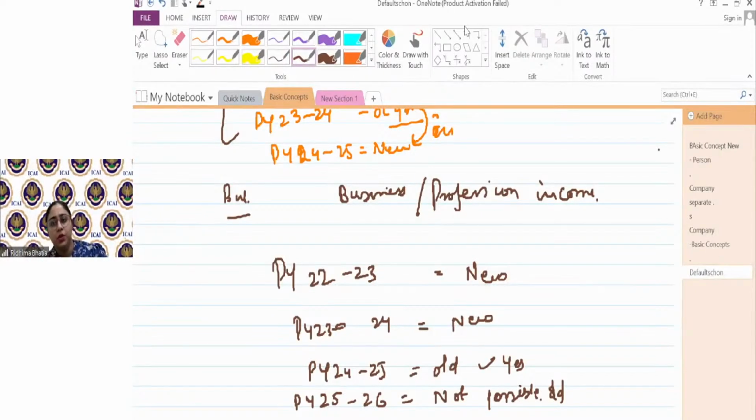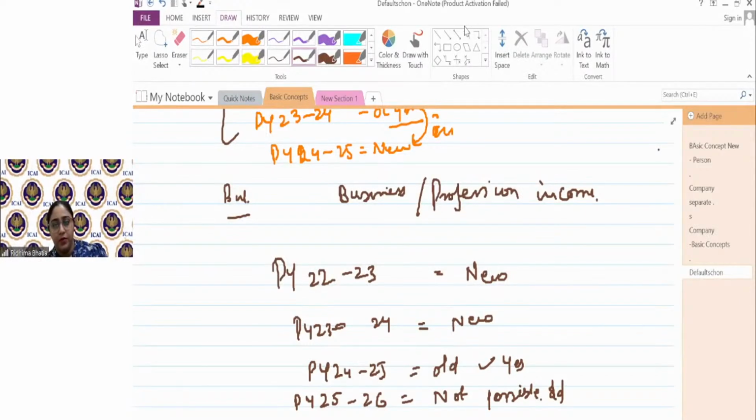Opt in means to choose it, opt out means to go out of it. The tax rates I am teaching you are applicable. You're saying Shivam was paying taxes as per old, and now he moved to new. Yes, he can pay taxes as per new. Now if he again chooses to go from new to old, then he cannot come back.